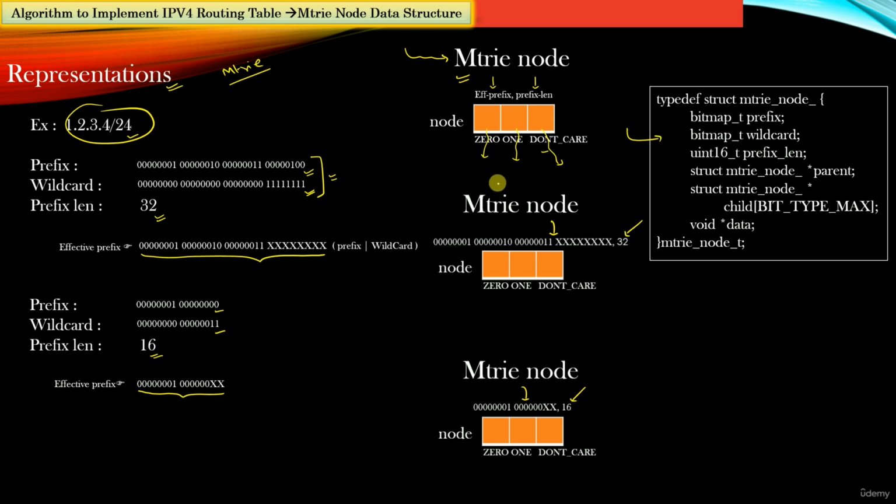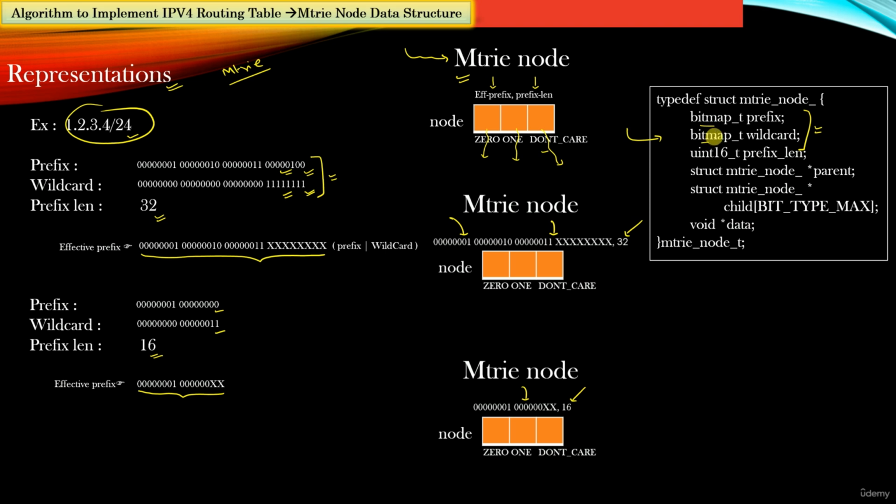As I said, each mtry node is going to store an effective prefix, and the effective prefix is stored as a combination of prefix and wildcard. Therefore you would need two bitmaps in order to store prefix and wildcard separately, but together they represent an effective prefix. Bitmap is nothing but you can visualize it as an array of bits and nothing else.